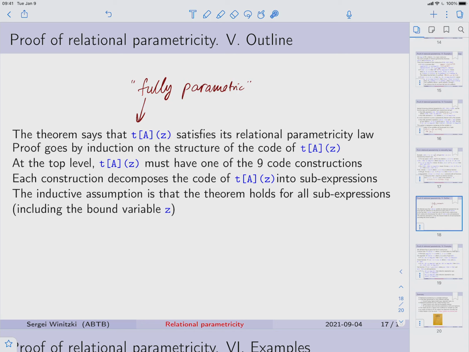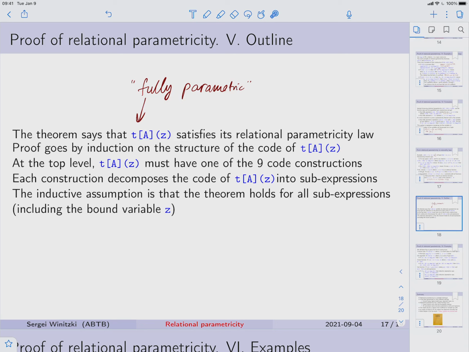So we write a proof that decomposes this code into the 9 constructions, and for each construction we will have some sub-expressions. The sub-expressions will be of the same shape. There will be some kind of expressions parameterized by a type parameter with some free variables.